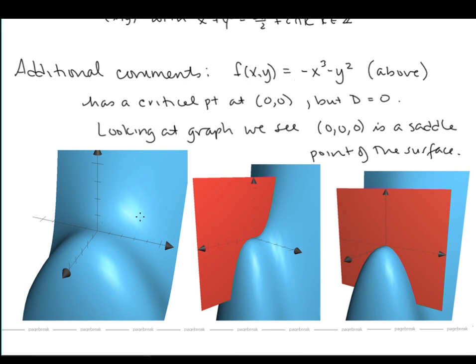But looking at the graph, we can see that we have a saddle point at 0, 0, 0. Because if we intersect with y equals 0, we can see we've got that x to the third curve that gives us function values both greater than and less than the function value at our point in any small disk around 0, 0.